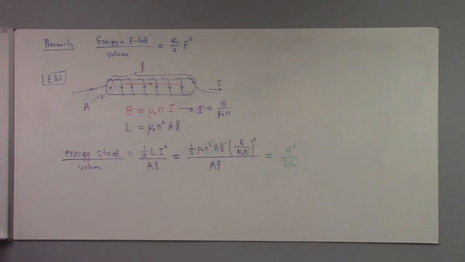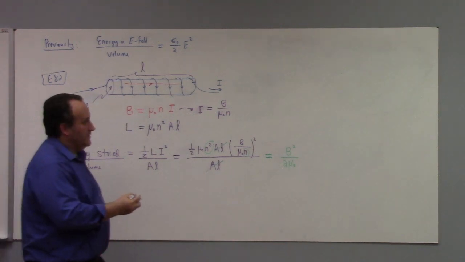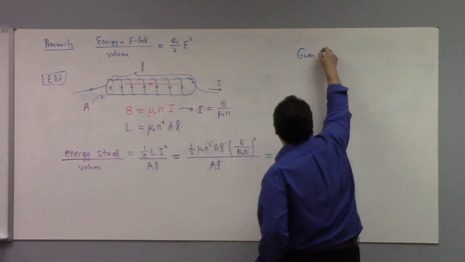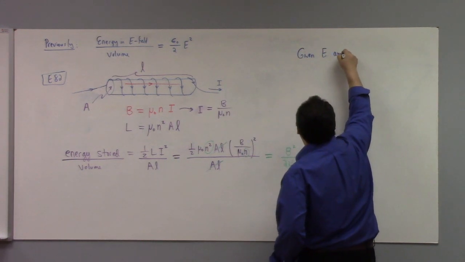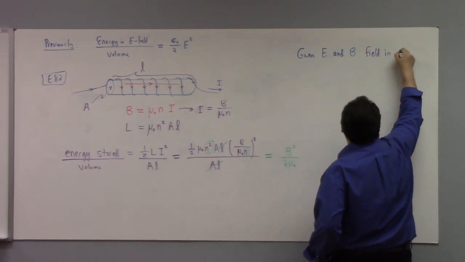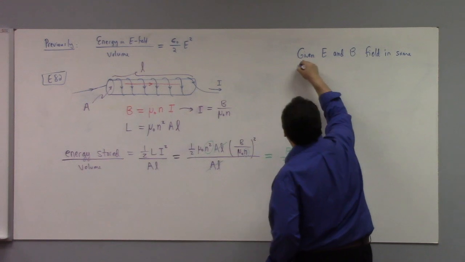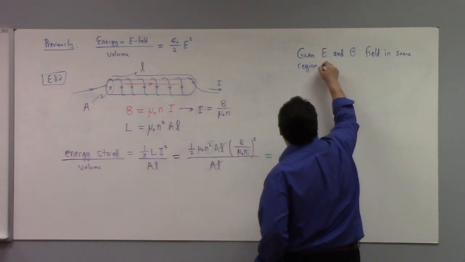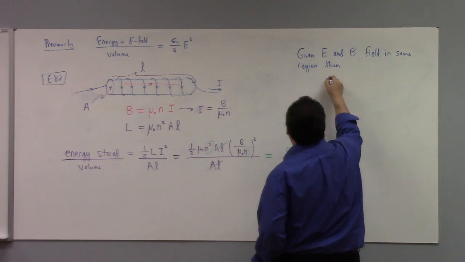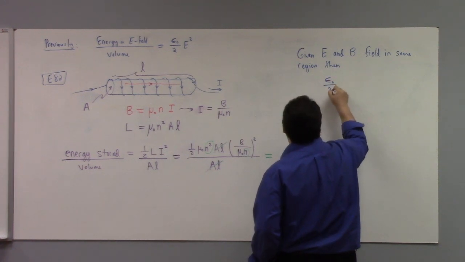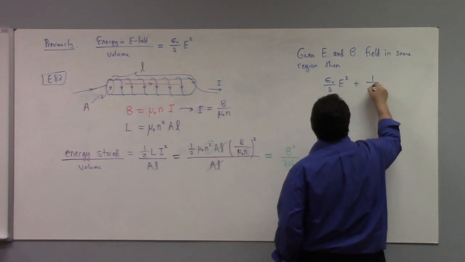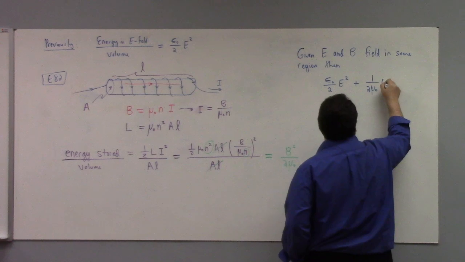So let me make a summary here. Given an electric and magnetic field in some region, then what we would have to calculate is epsilon naught over 2 E squared plus 1 over 2 mu naught B squared.